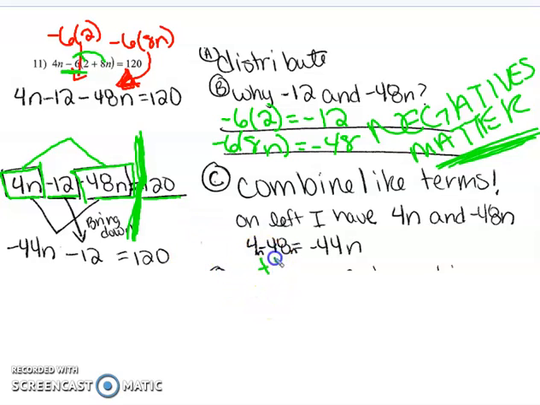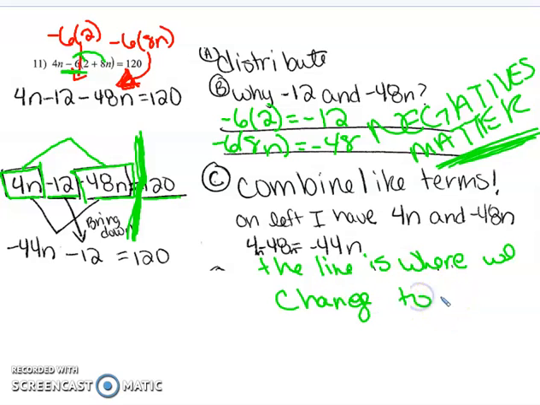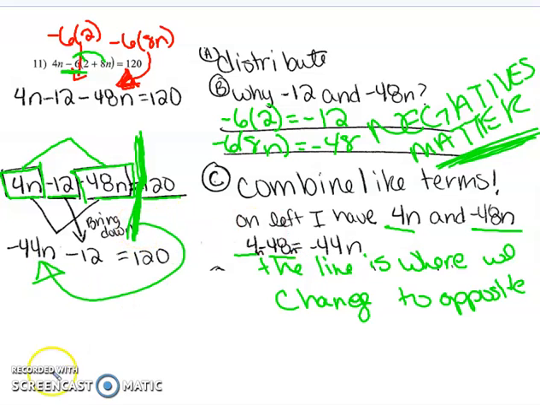Okay? The line is where we change to opposite. So 4 minus 48 is negative 44.